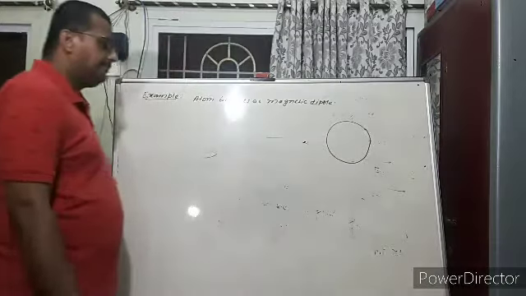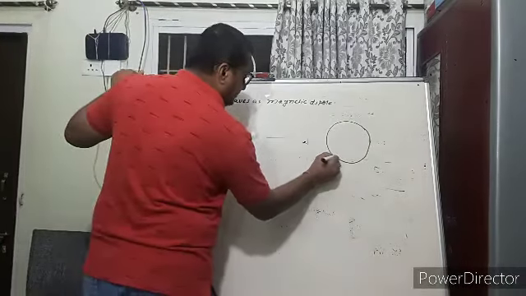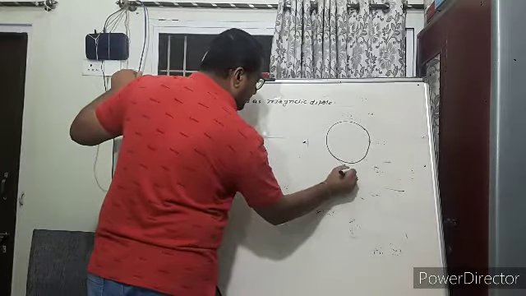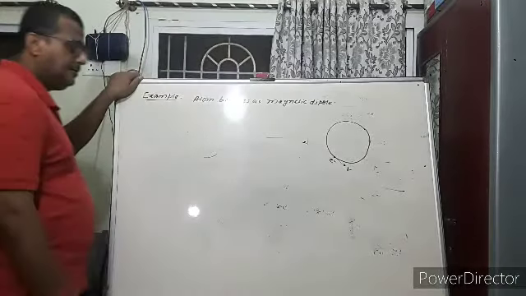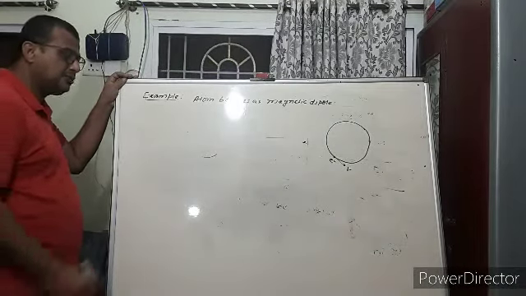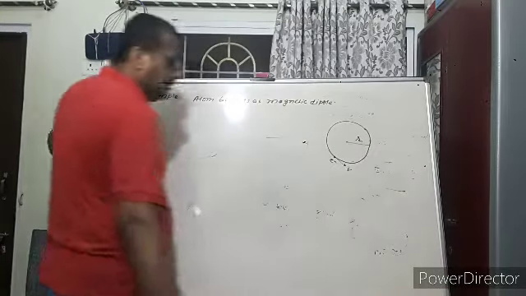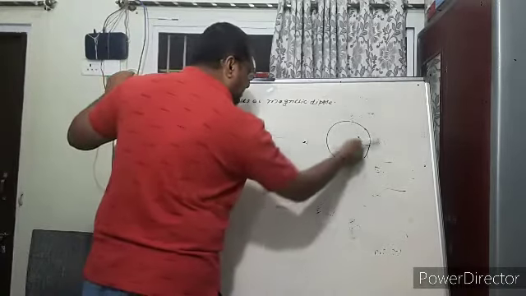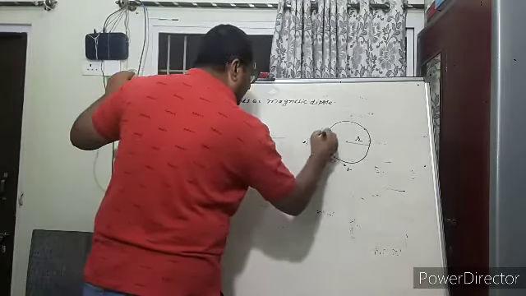In the atom, suppose the electron moves anti-clockwise with velocity v. Its radius is r. When the electron moves anti-clockwise, then certainly the current will flow clockwise.